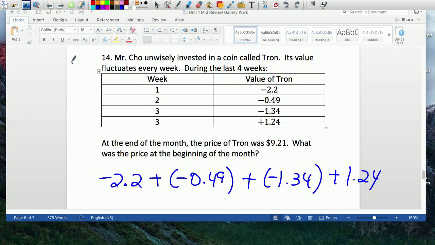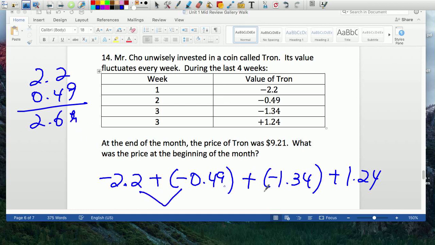So I know that 2.2, 0.49, 2.69 is these two. And I'm going to again add, this is a negative number, adding another negative number is just going to get more negative, 1.34. So this is 13, 10, 4, so I'm now negative $4.03. So my price has decreased $4.03.